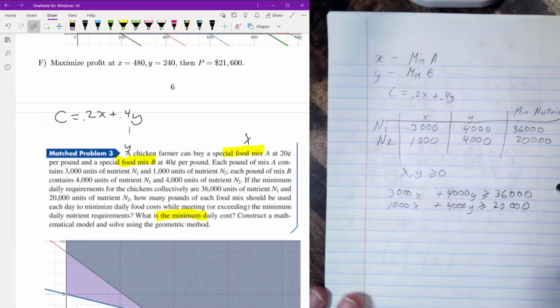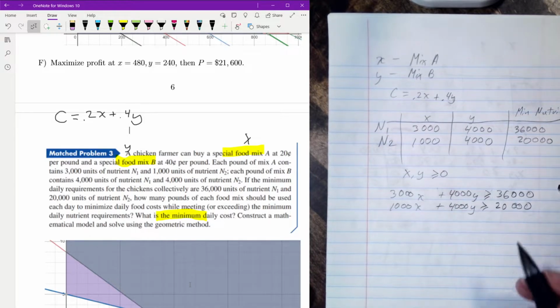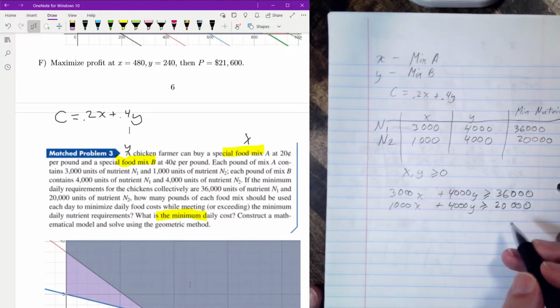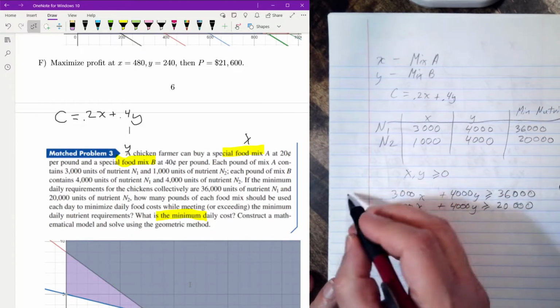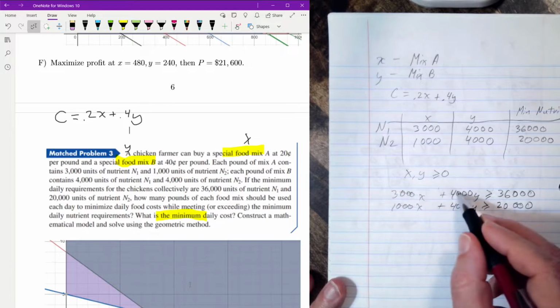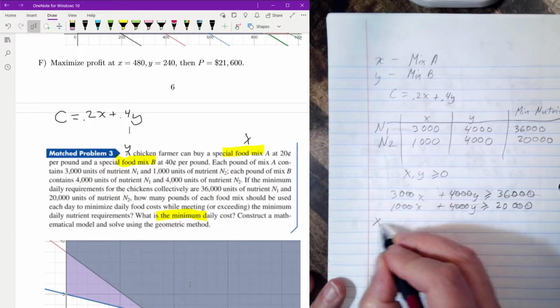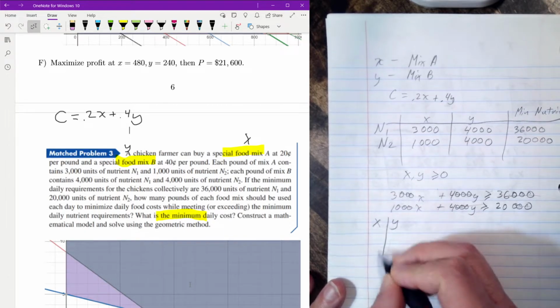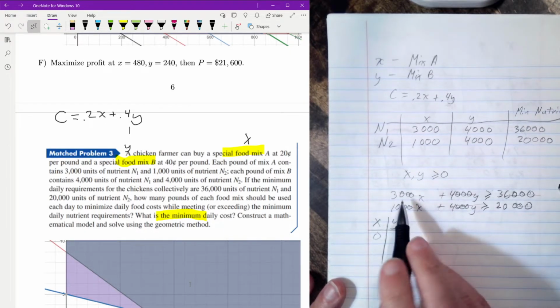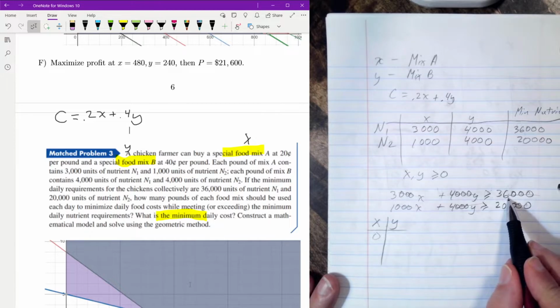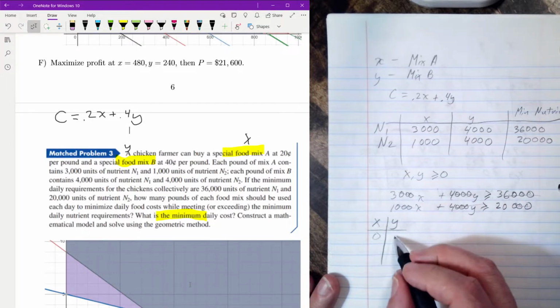So we want to graph this. So let's go ahead and graph. Like I say, I'm just going to multiply everything by 1,000. Just makes my life easier. We'll come back to it later. So we'll do x and y equal to 0. So 36 divided by 4 is 9.